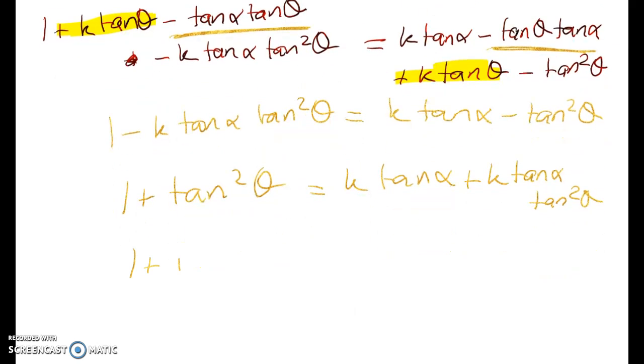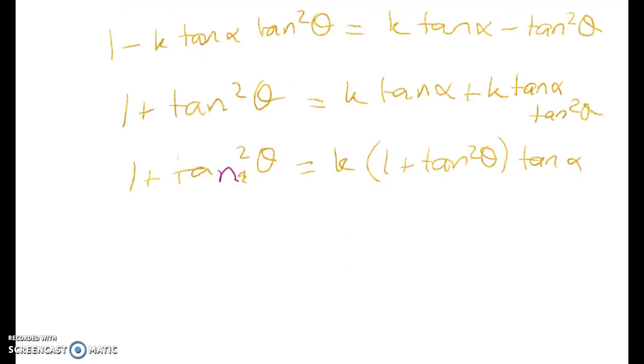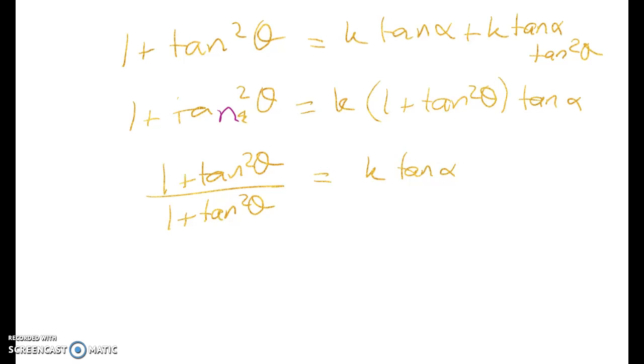So now we have 1 plus tan squared theta is equal to k times 1 plus tan squared theta times tan alpha. That gives me 1 plus tan squared theta. Now I can divide through that by this because this will always be positive. That gives me 1 over k is equal to tan alpha.